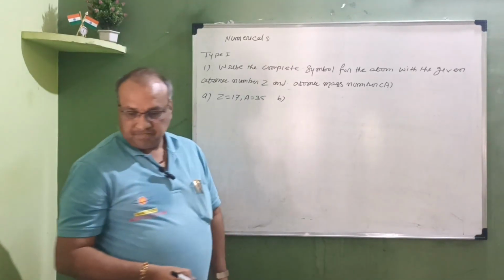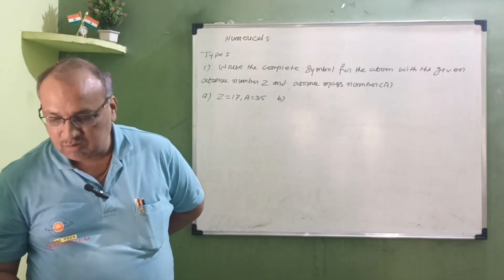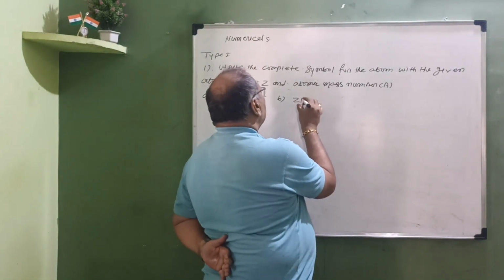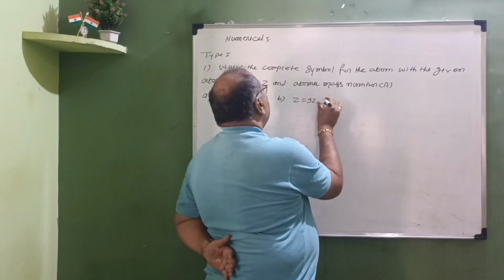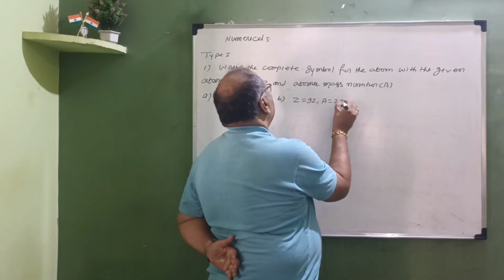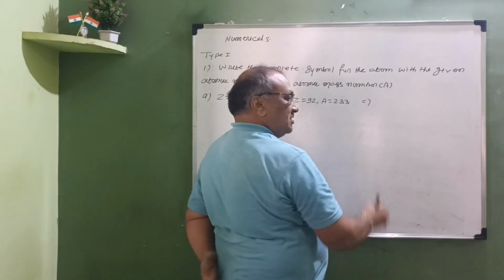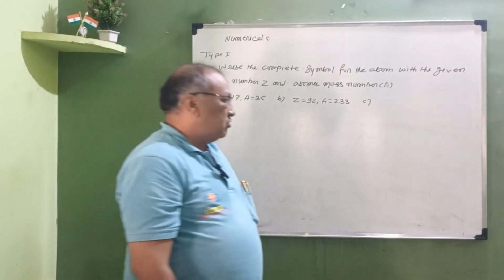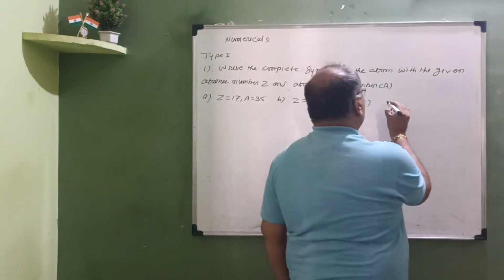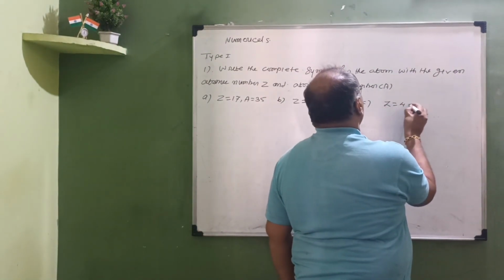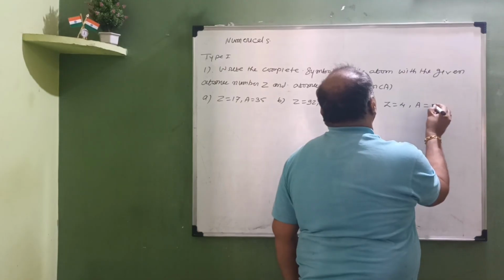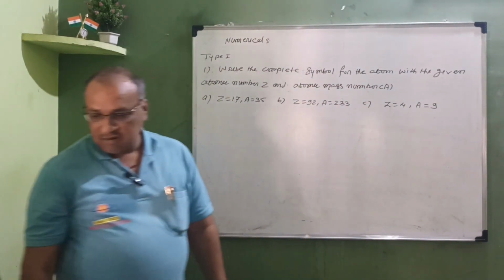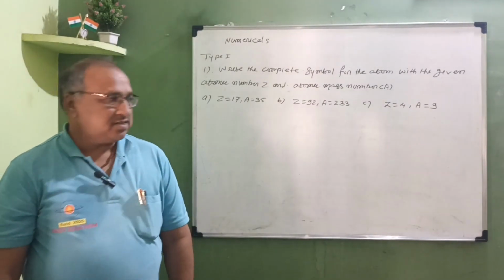B, Z is equal to 92 and A is equal to 233. And C, Z is equal to 4 and A is equal to 9.